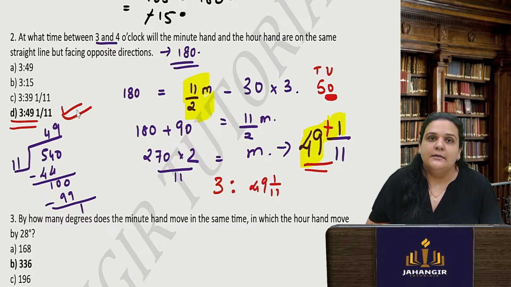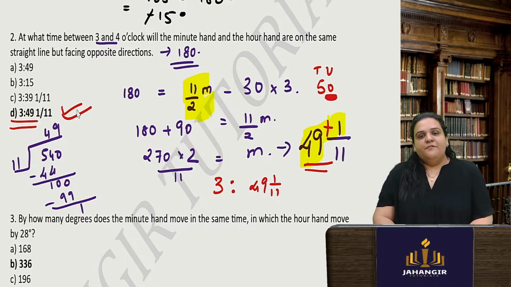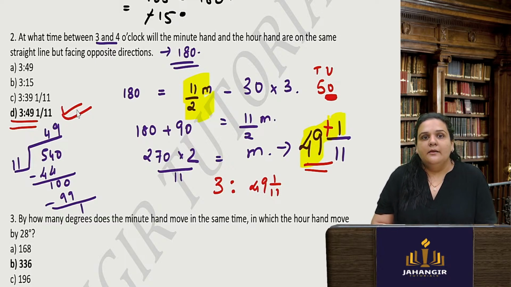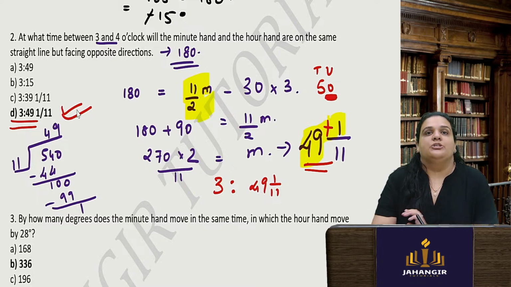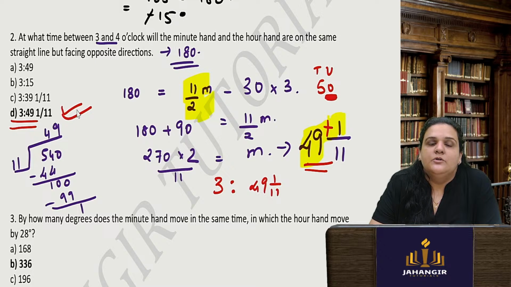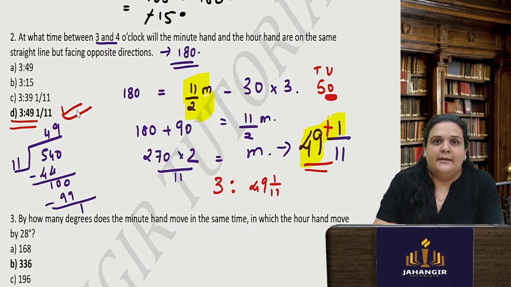Answer D. Whenever we are trying to find minutes, we will have 11 in the denominator of that fraction. Remember. So we have only these two MCQs over here, right? But yes, here again 39 plus 1 will also become 40. So you will have to try to solve this in your mind, putting this equation.